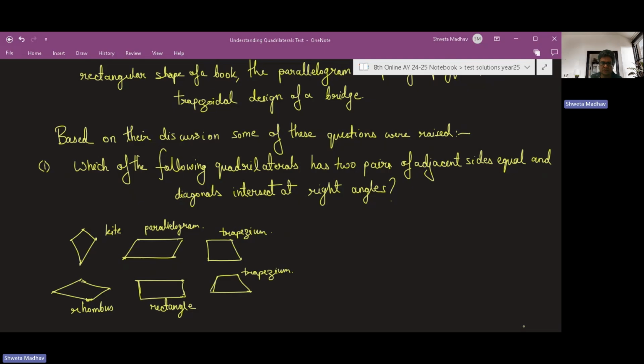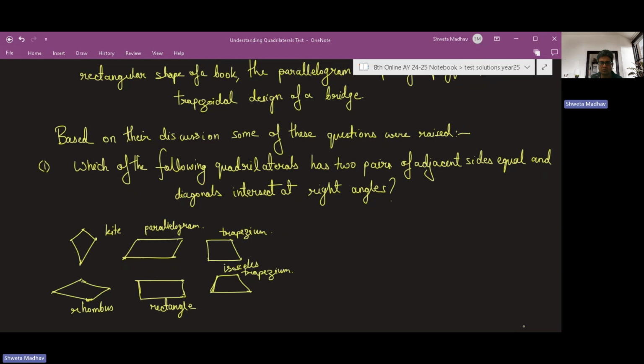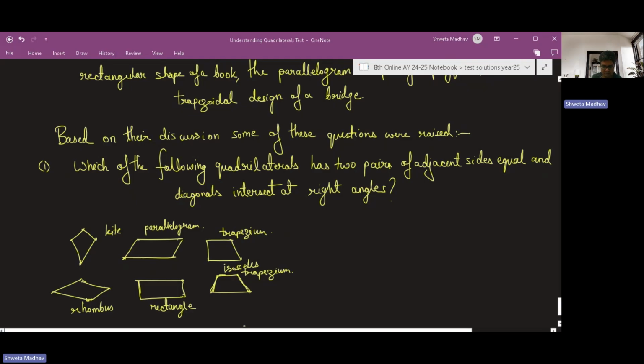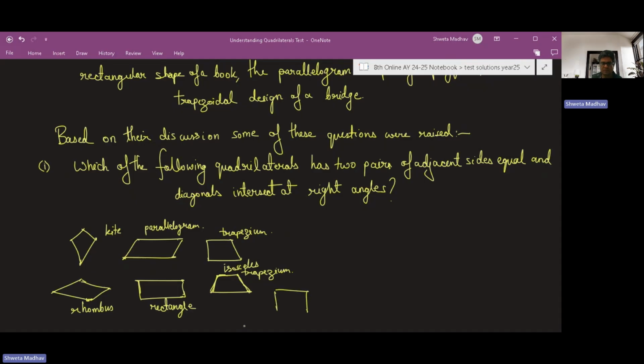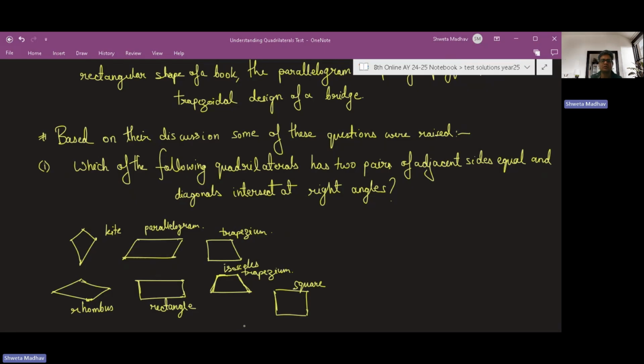Actually, it is an isosceles trapezium which has been shown, since the two oblique sides, the two non-parallel sides, are equal. And then one square shape has been given.